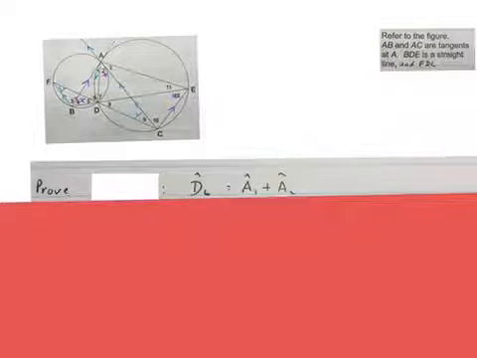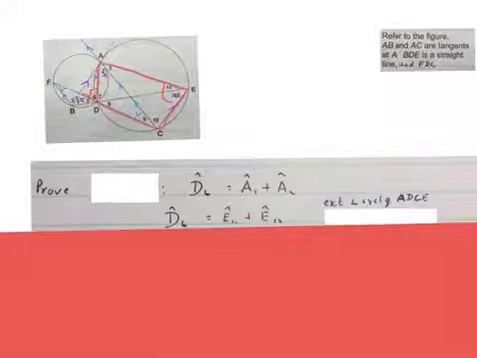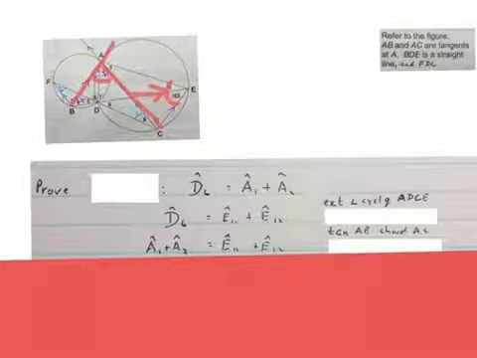Next, they ask us to prove that angle D6 is equal to angle A1 plus A2. Let's look at one of the ways we could do it. First we wrote angle D6 is equal to angle E11 plus E12, exterior angle of a cyclic quad. Then we can write angle A1 plus A2 is equal to angle E11 plus E12, tan chord theorem.